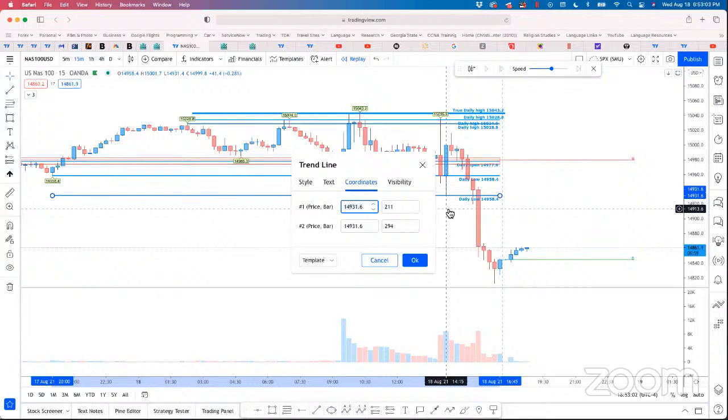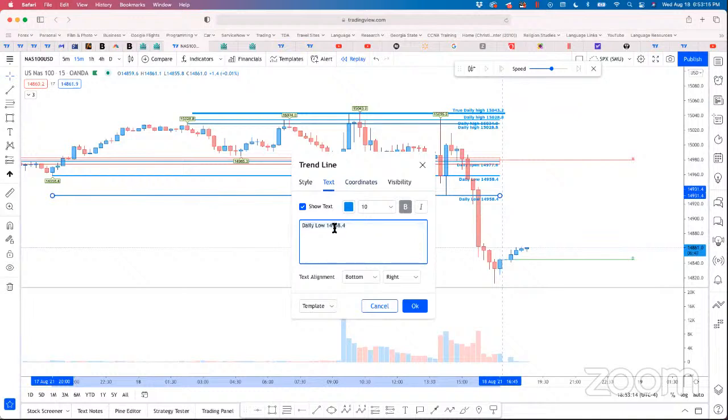Low on this candle is 31.4. Made another daily low right here.